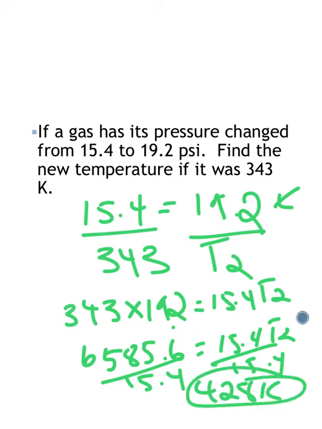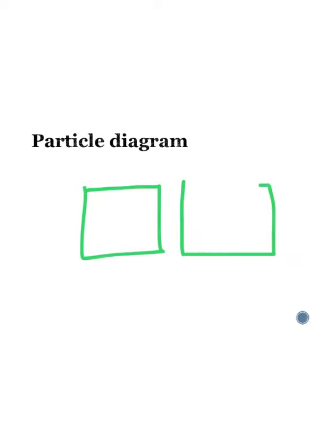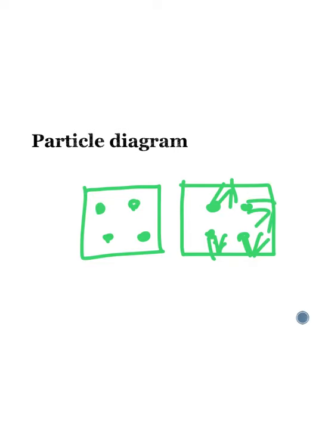So in this one, my temperature goes up and my pressure goes up. So that's how we're going to draw it. Again, same size boxes. So you do your best to make these look the same. Same number of dots because we didn't add or remove anything. So these are moving faster, and if they're moving faster, sorry, this is kind of hard to do on an iPad, then they're going to hit the walls a lot.